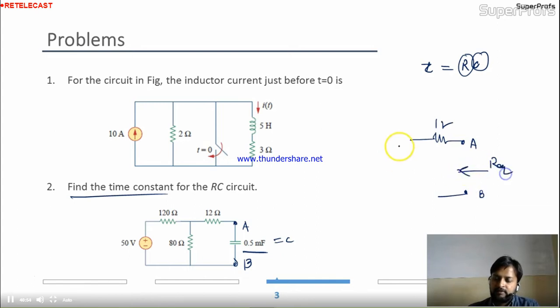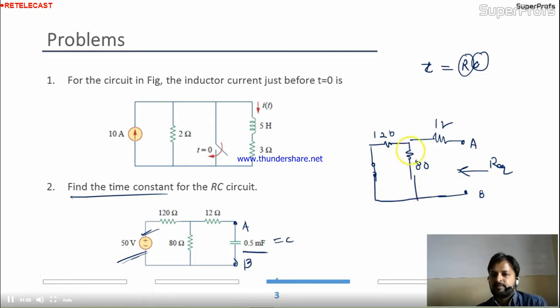R equivalent. Okay, so this is 80 as it is, 120 as it is. What about this source? Though this is the voltage source, so we'll short it. Instead of voltage source, if we have current source, we have to open it. So this is 120, 80 and 12. 120 and 80 they are connected in parallel combination. So 120 into 80 divided by 200, means 120 plus 80. 2 4s are, and this is 48 ohm.